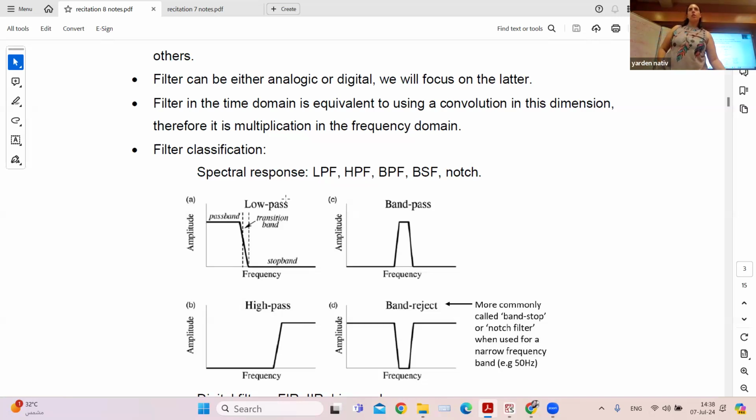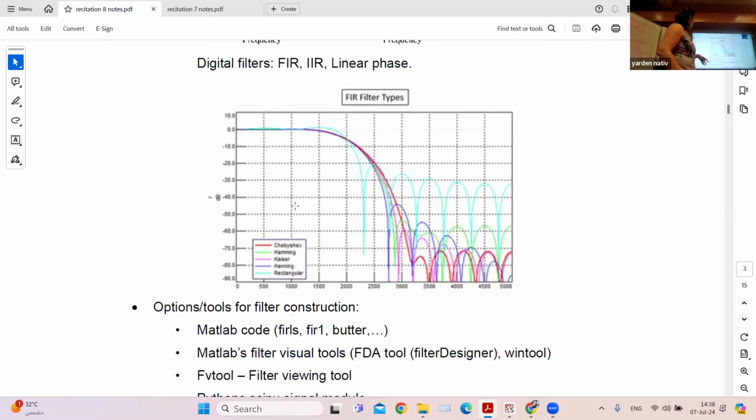In the end, this is what we did. We went together through all of these filters, and I think that we found that Chebyshev 2 was the one that was relevant for our data. But you can see that for all of these filters, we still have these ripples. What exactly is the y-axis?